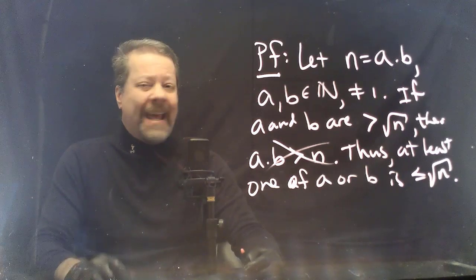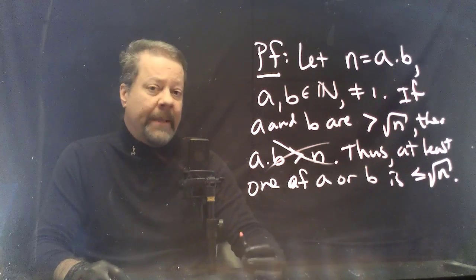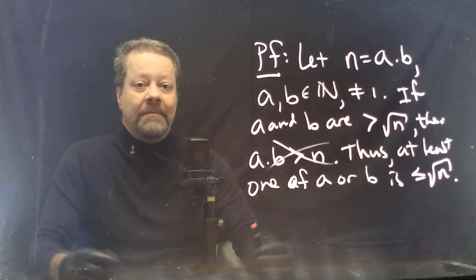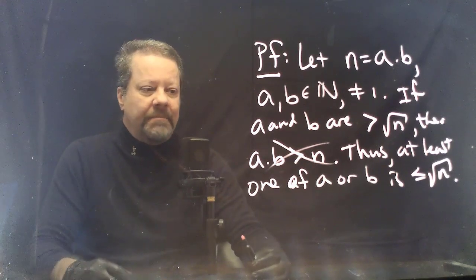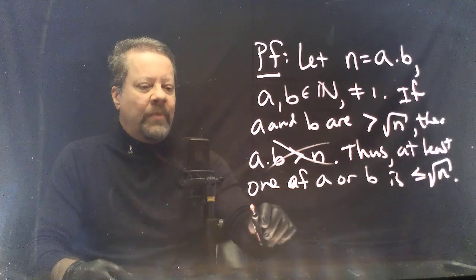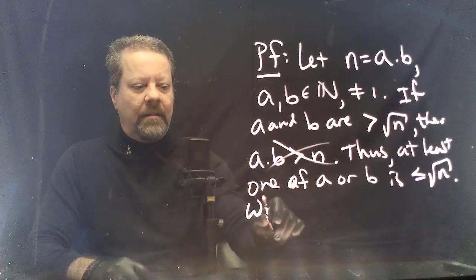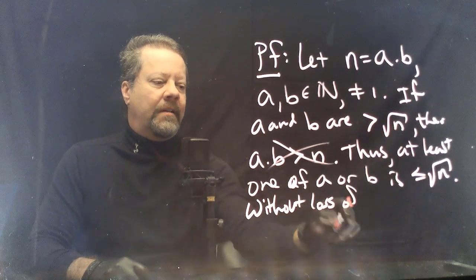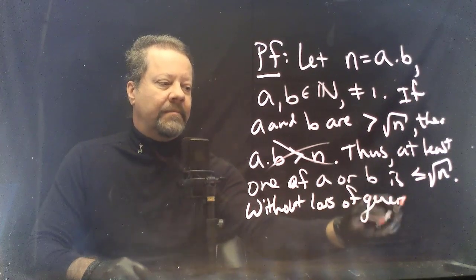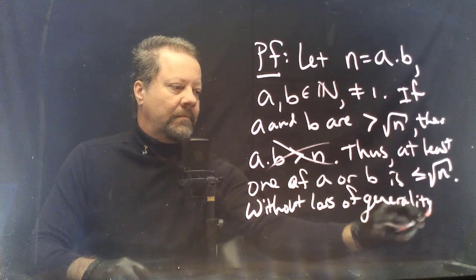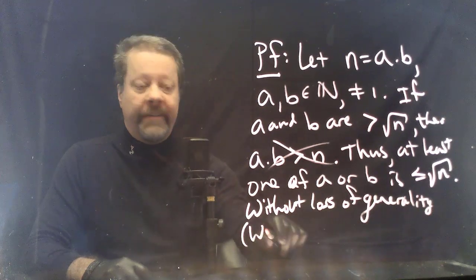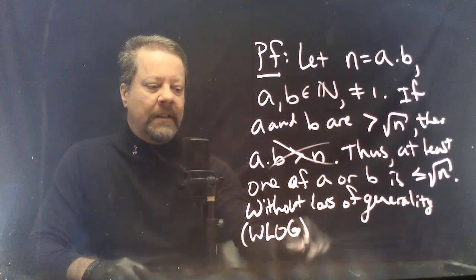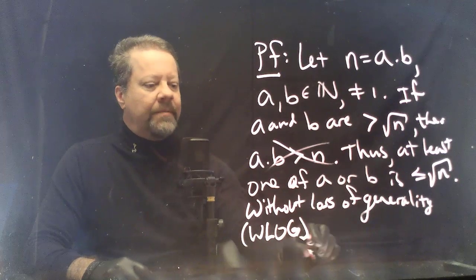Note that we haven't said whether or not a or b is a prime. In fact, they might neither be a prime. However, we can say this without loss of generality, which is often abbreviated by W log in mathematical circles.